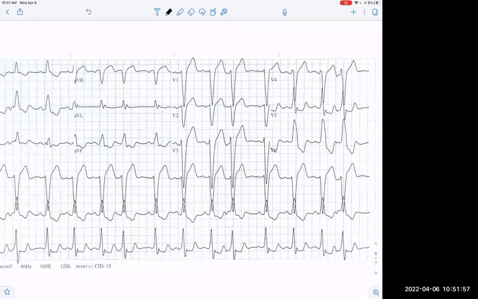Scarbosa criteria is a lot to remember. Two of the criteria are fairly well proven, and then there's a third criteria. Two of the criteria can identify STEMI in over 90% of cases where left bundle branch block is present. But the third criteria, its actual accuracy is right around 50%.